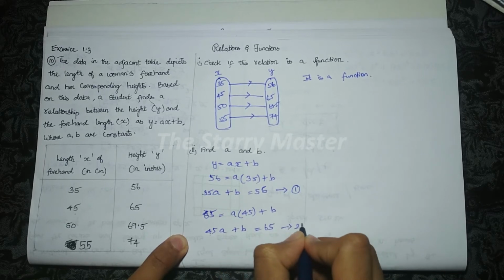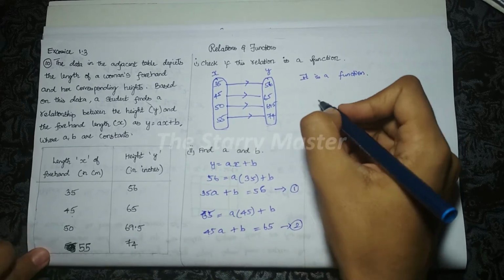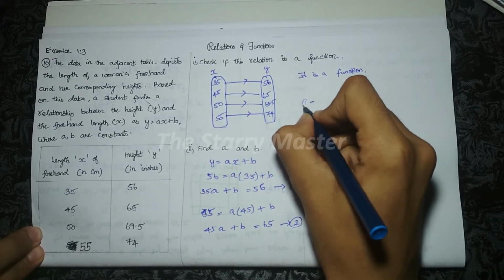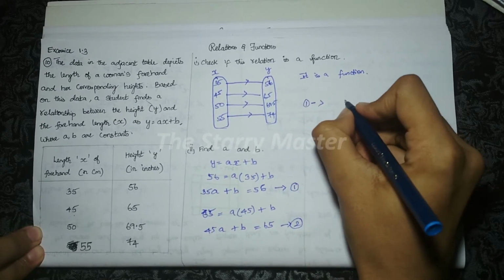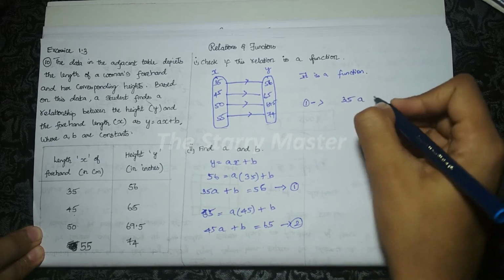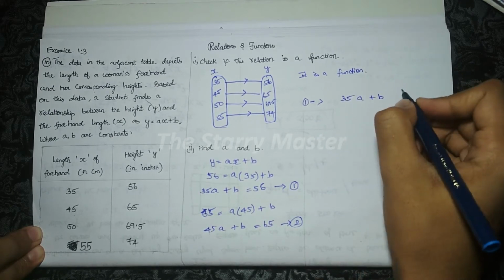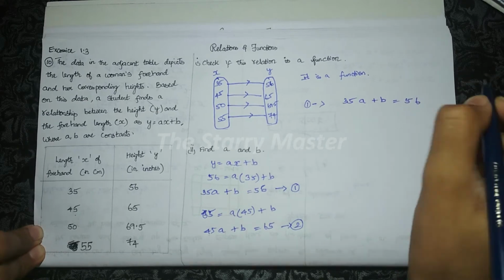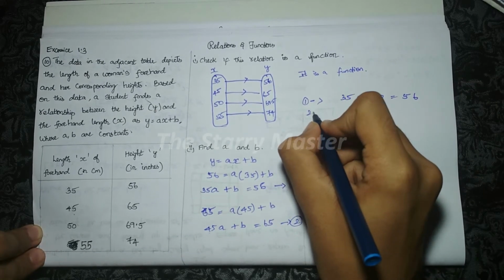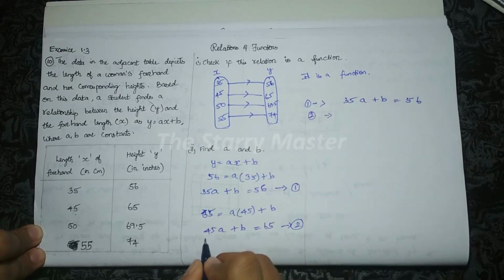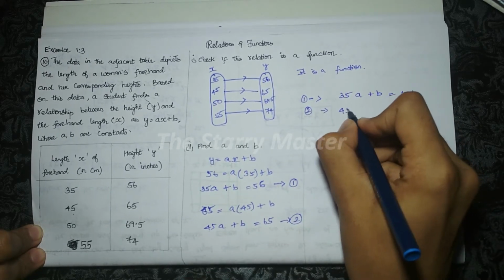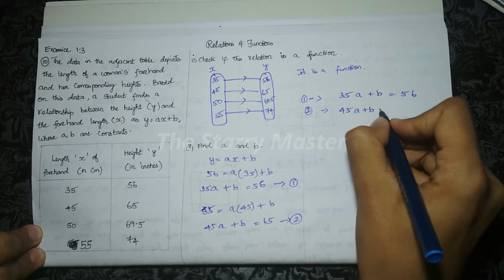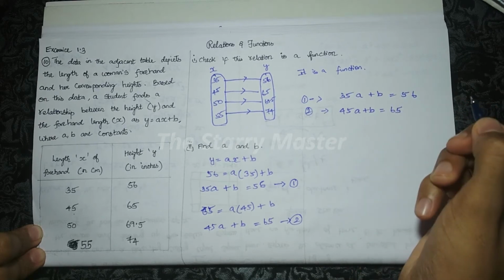Take this as equation 2. Equation 1: 35a plus b equal to 56. Then equation 2: 45a plus b equal to 65.